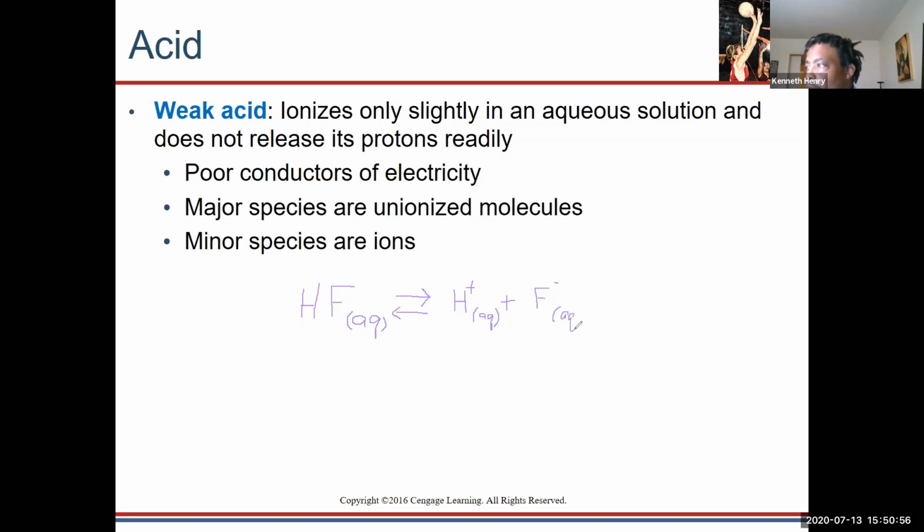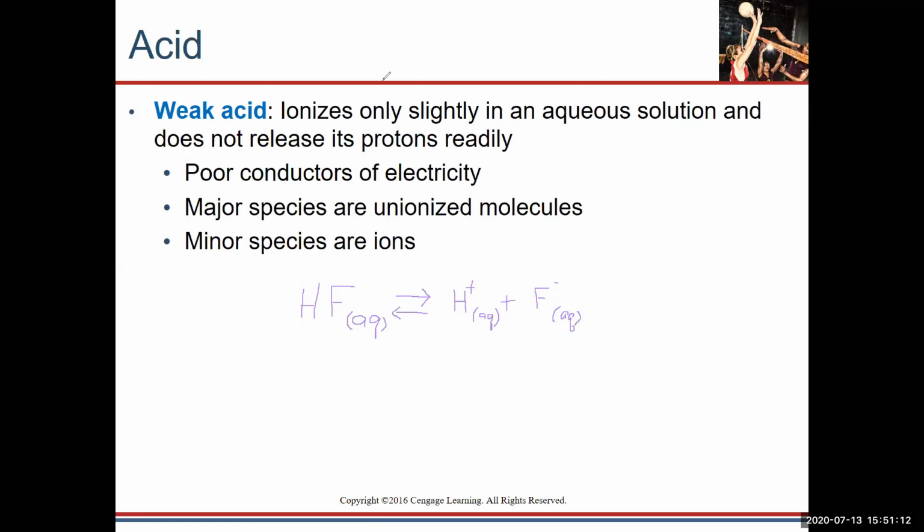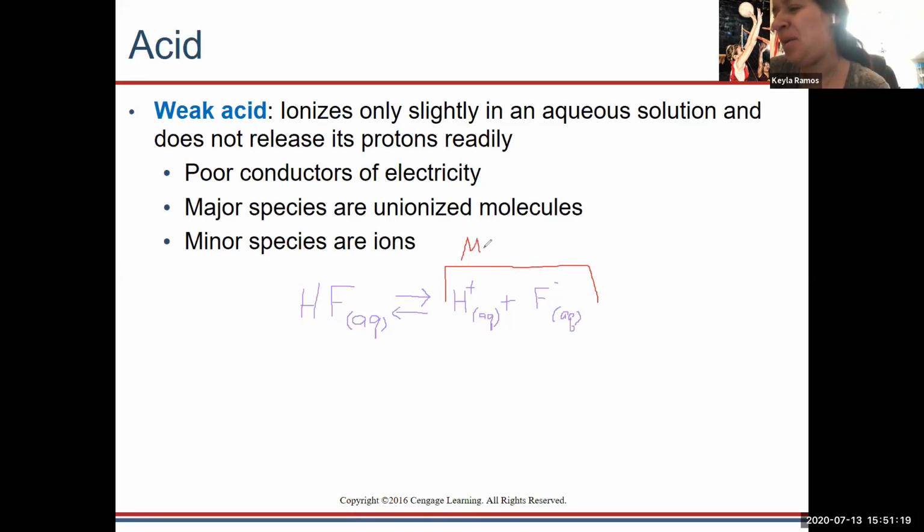So in that case, which is going to be the minor species, the ions or the ionized molecule? Would the major ions be the ionized? Yeah, I know it's right there on the board. I was just testing to see if you guys are going to read. So this is going to be your minor species. And again, what does minor species mean?